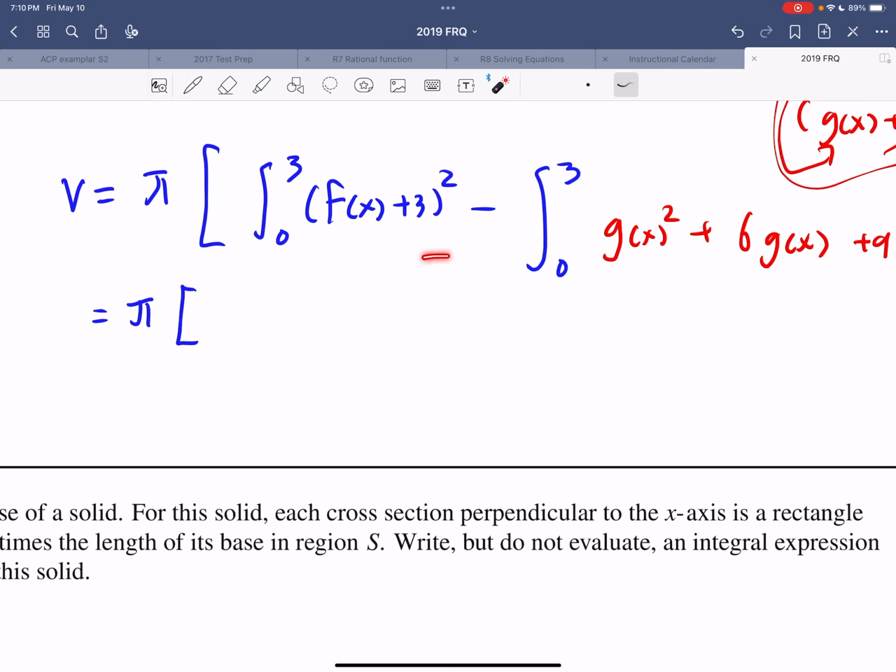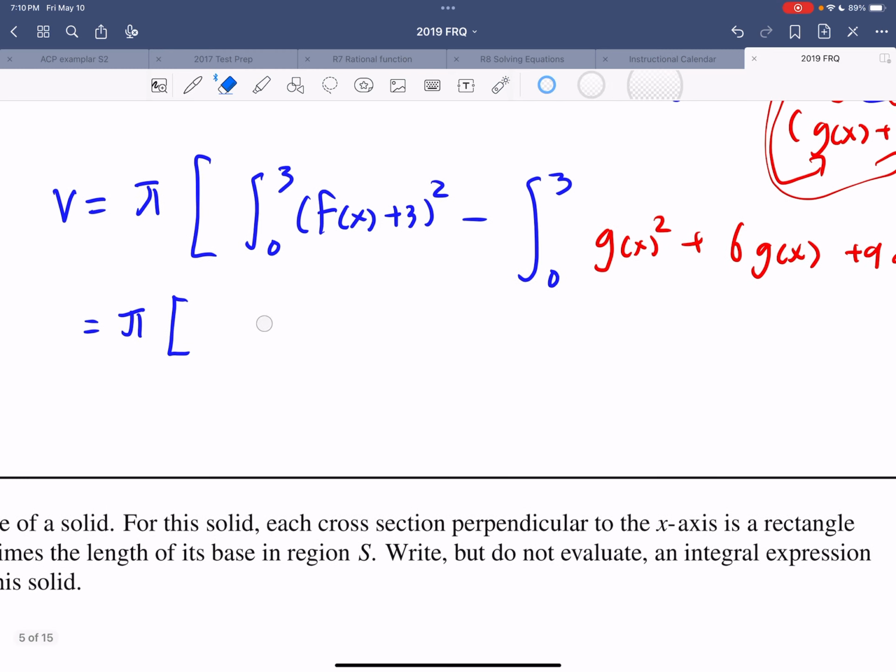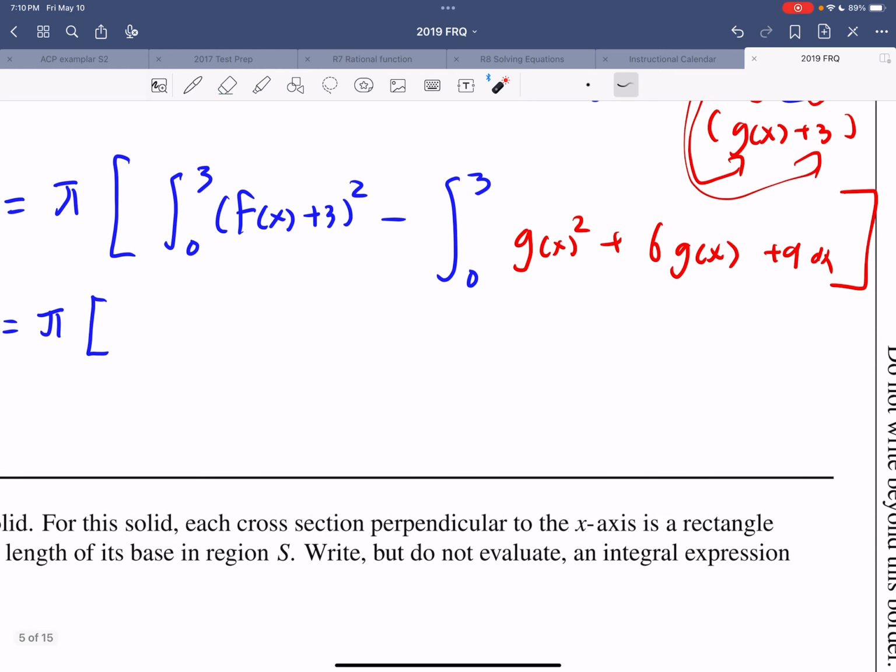Just put this one into the calculator and you're going to be able to do it. I don't have a calculator at the moment, so I really don't know what this one is going to be, but let's say you're going to find this one, something like that, okay?